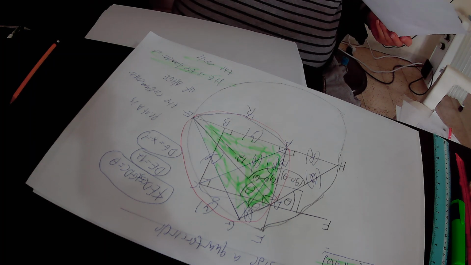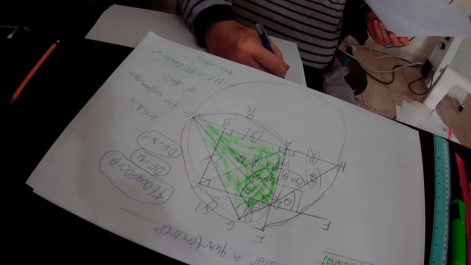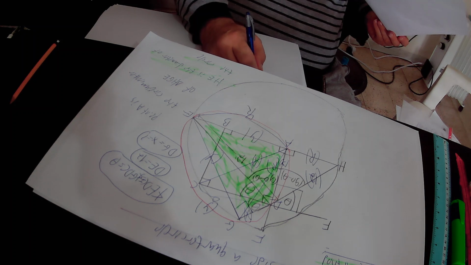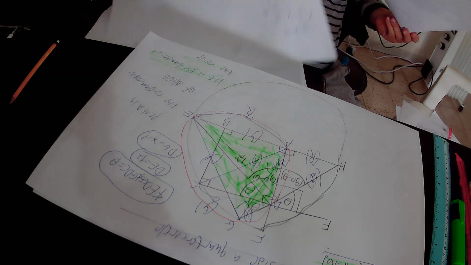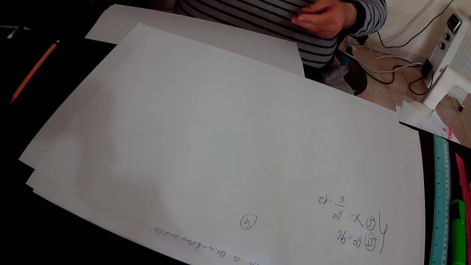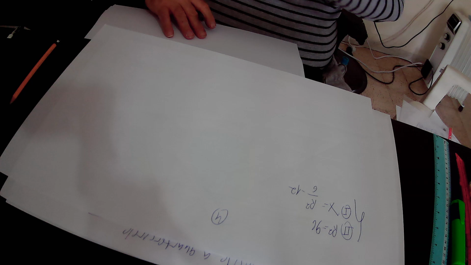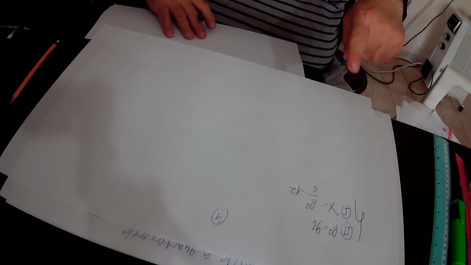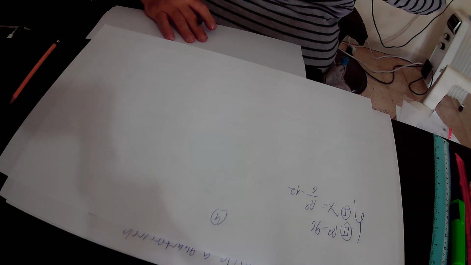While according to equation 1, we have already found out that x equals R square over 6 minus 12. Now we can substitute R square in equation 1 by 96 from equation 2.